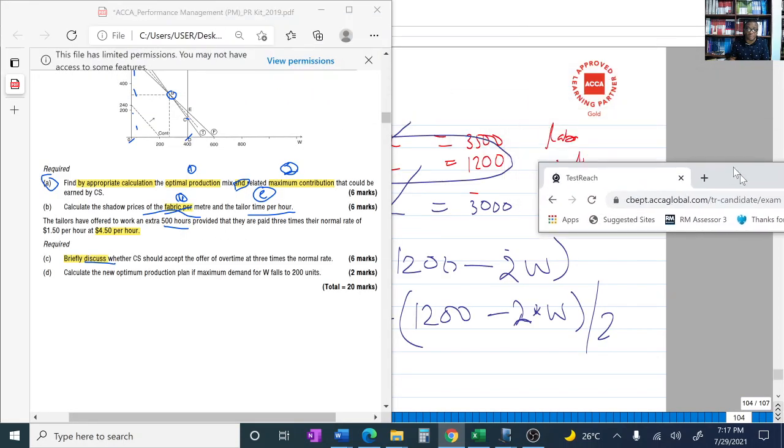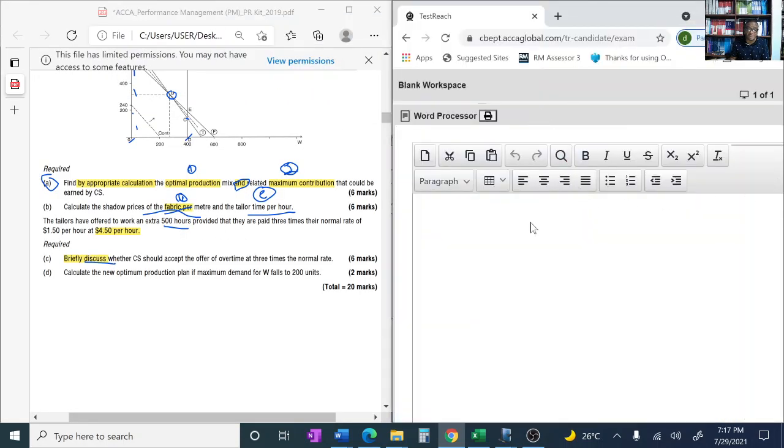So again, I'm looking at C. C is likely to be in this form: whether the company should accept the offer of overtime. It's a brief word discussion, and discussion means the arguments for and against.